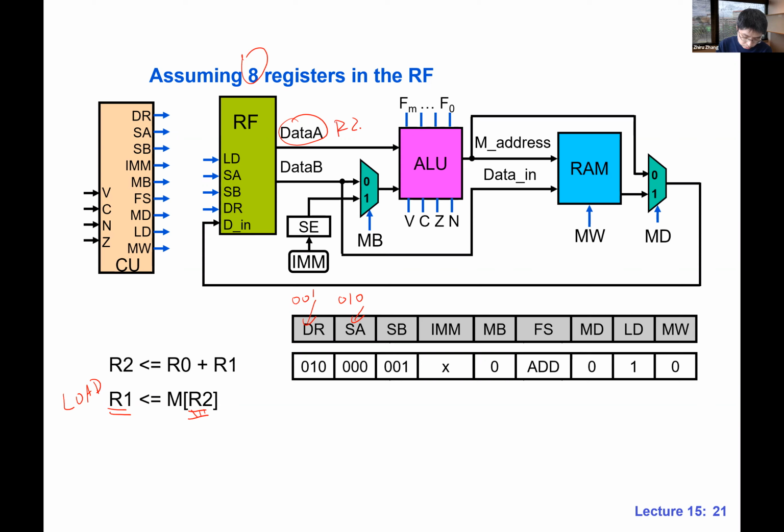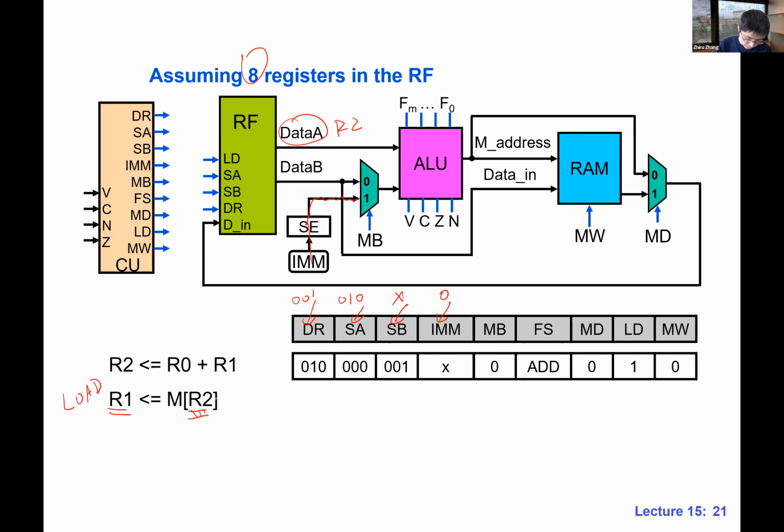We want R2 to show up here. SB. Is it 0, 0, 0? Very good, don't care, because we need to take this pass to form the address. What is IMM? What's the immediate value? 0.